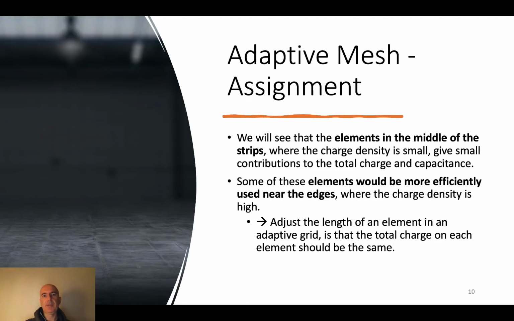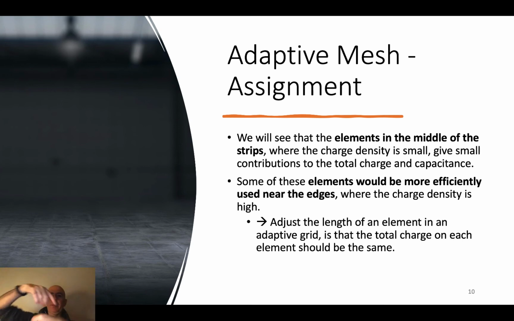For the assignment, we ask you to implement an adaptive strategy. So what you will see by solving the numerical integration of the capacitor problem using the MoM is that the elements in the middle of the strip, where the charge density is small, give a small contribution to the total charge and capacitance. So the ones in the middle don't really play much role.